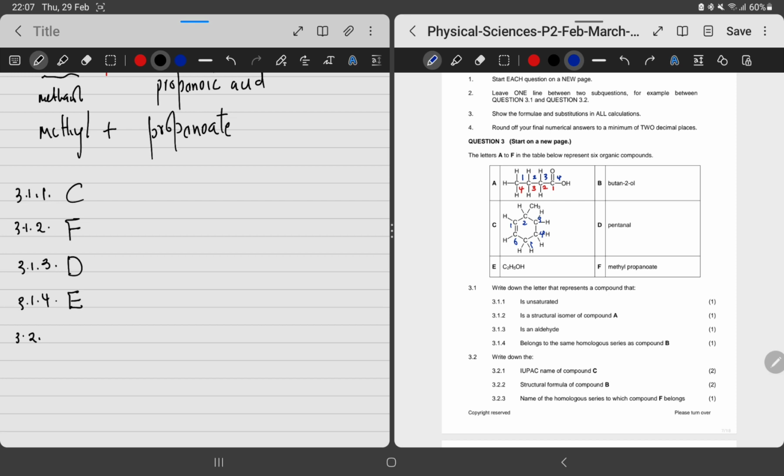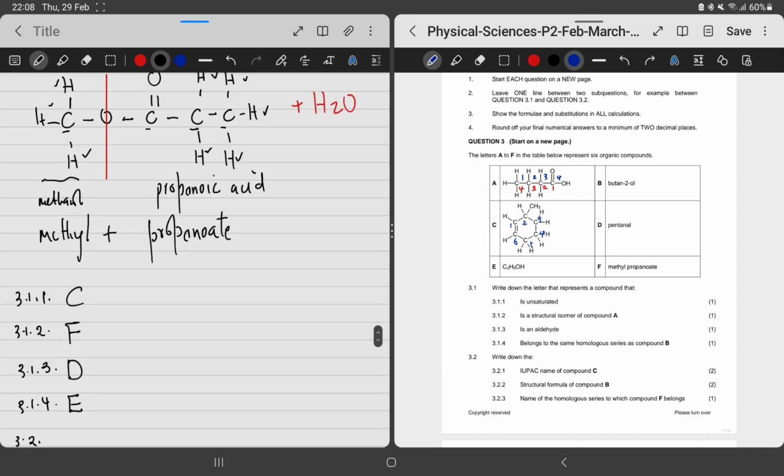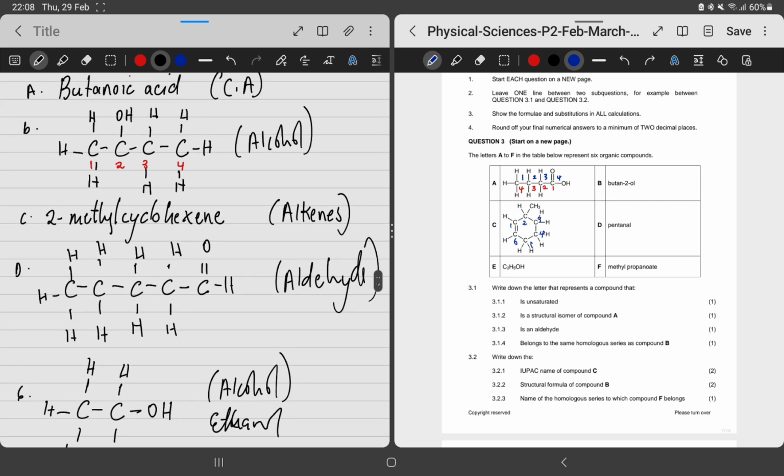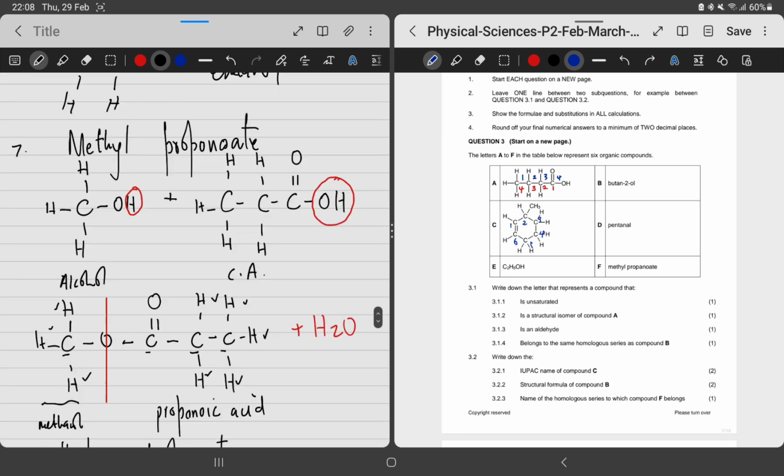Okay. 3.2.1. Write down the IUPAC name of compound C. Okay, for compound C, I think we've already written it down. So it is 2-methyl cyclohexene.